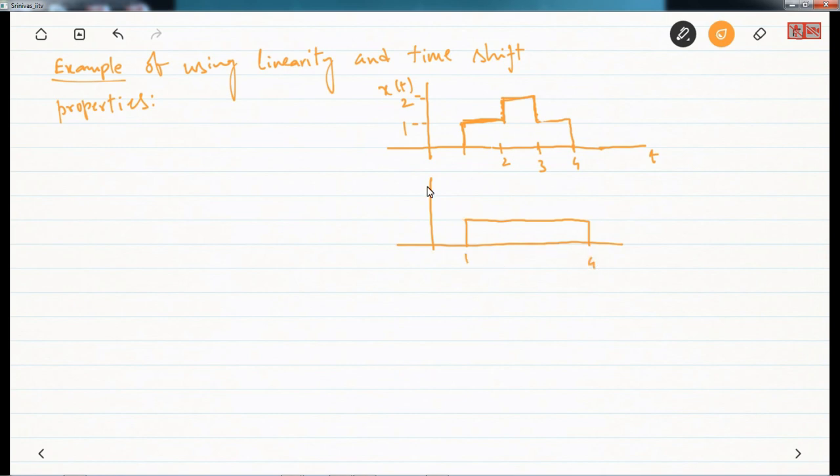Finding the Fourier transform of this signal is very easy. We already found it. This is nothing but a square wave, so its Fourier transform will be a sinc signal. Let's call this x1 of t.